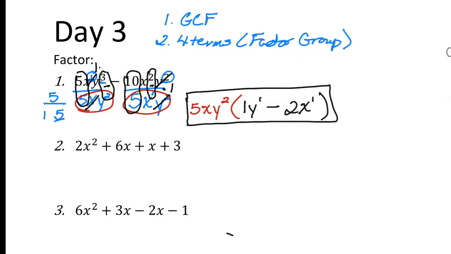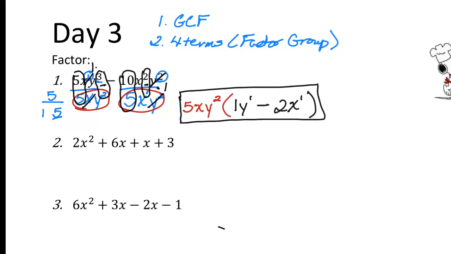For problem number 2, again, we always want to check for greatest common factor first, looking at your smallest coefficient. I have a 2, a 6, and this would be a 1 and a 3. Well, 1 would be the smallest of all those, and the only factor of 1 is 1, and dividing by 1 is not going to be helpful.